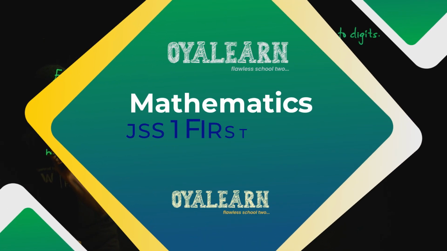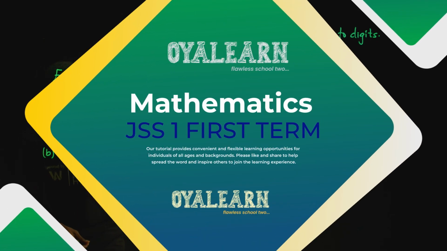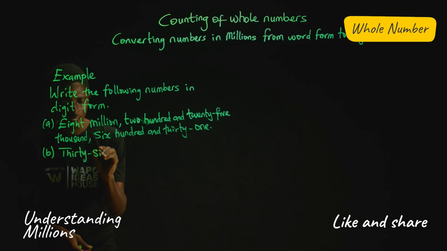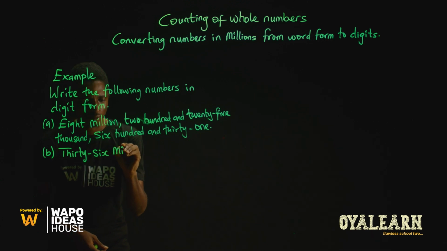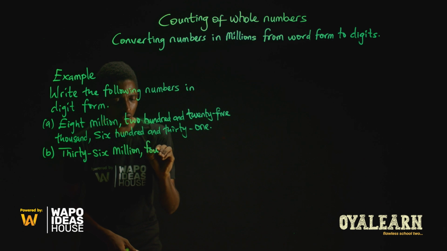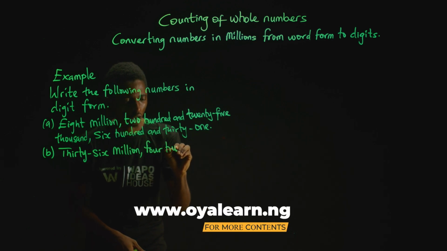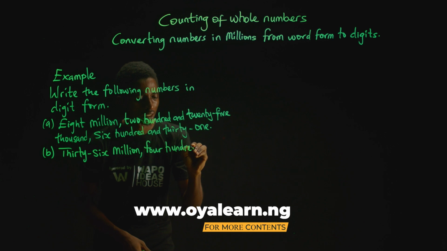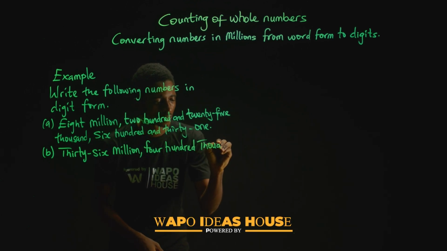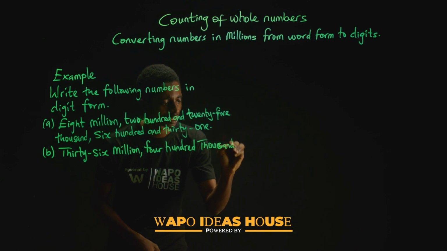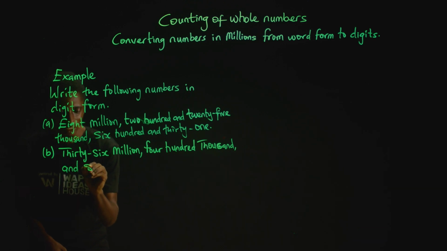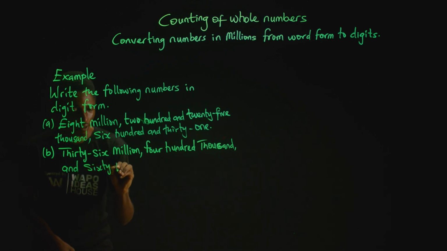And then a second one, say 36 million, 400,000 and 65.